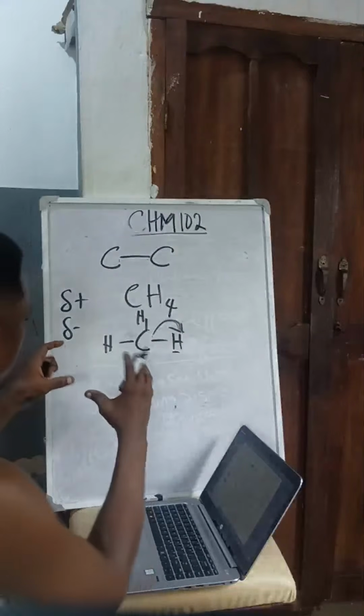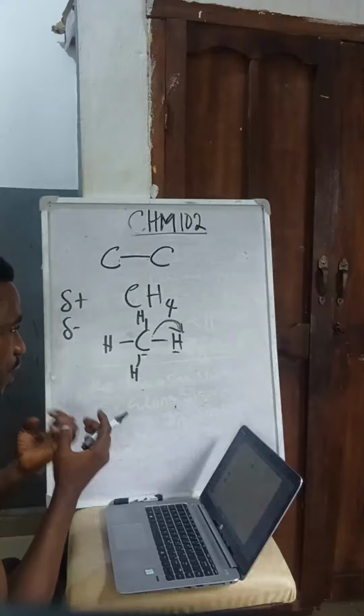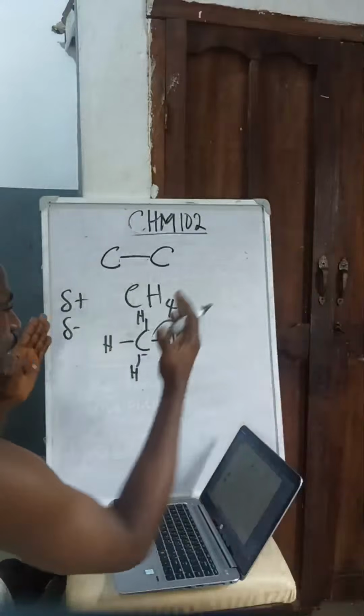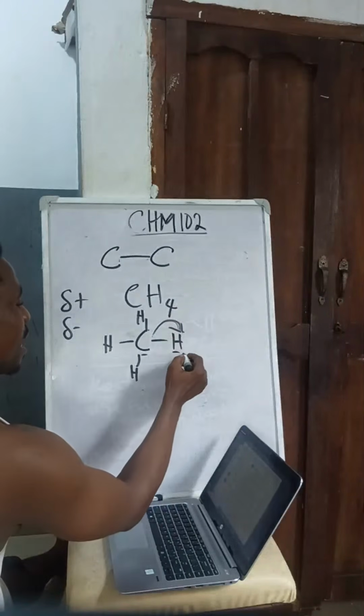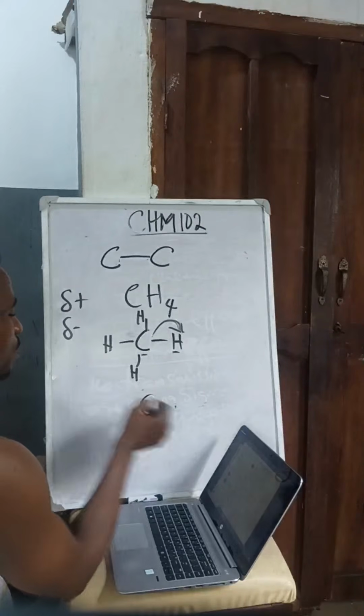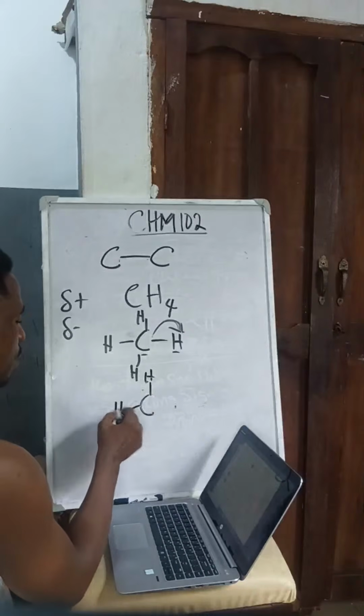Transmission of charge. We are breaking it through heterolytic cleavage, and this is more electronegative than this. So when it breaks, we will have a carbocation.